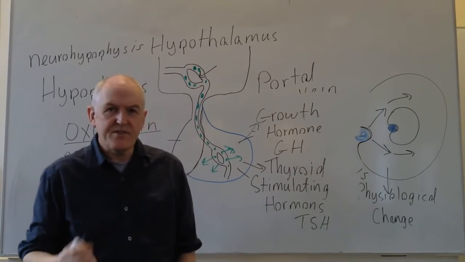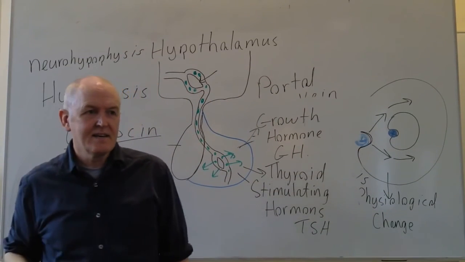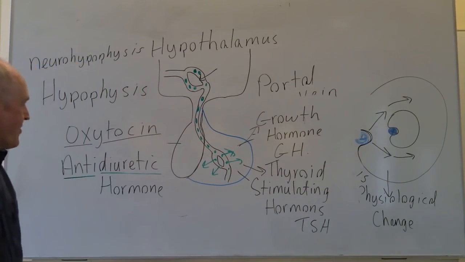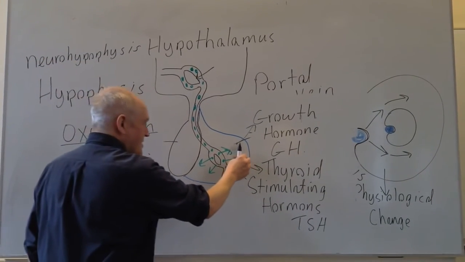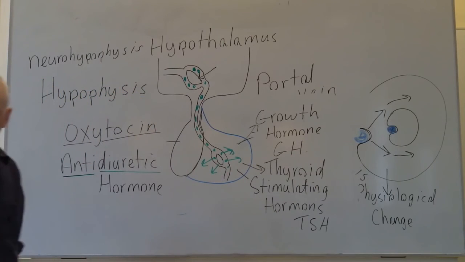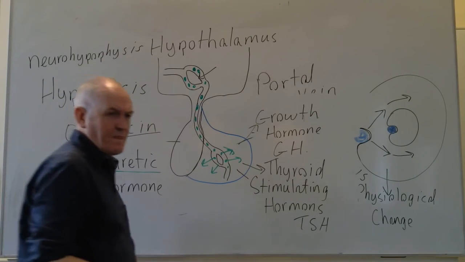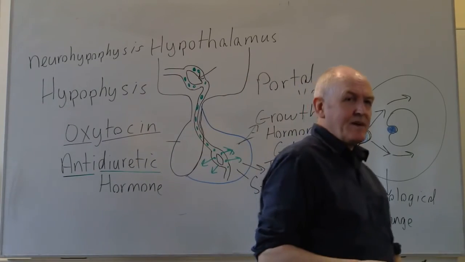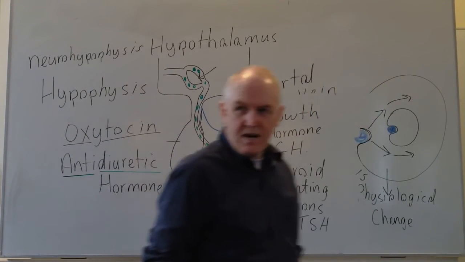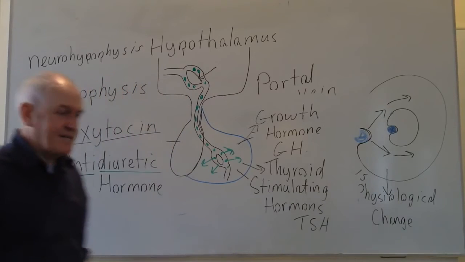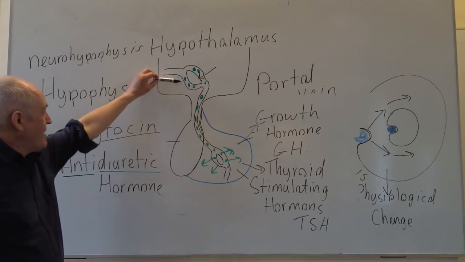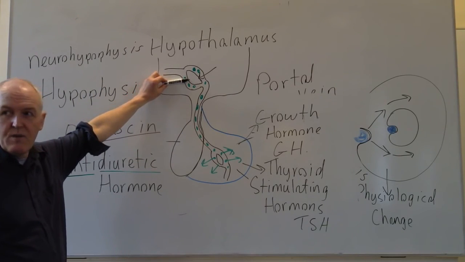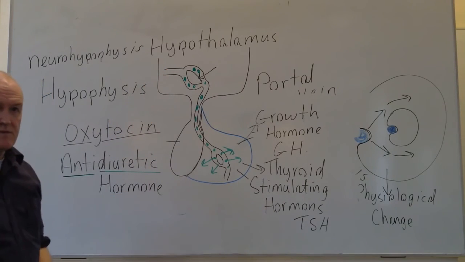The activity of the thyroid gland in the neck is controlled by the amount of thyroid stimulating hormone released by the adenohypophysis. The amount of thyroid stimulating hormone released by the anterior lobe of the pituitary gland is controlled by the amount of thyroid stimulating hormone releasing hormone produced by the hypothalamus.